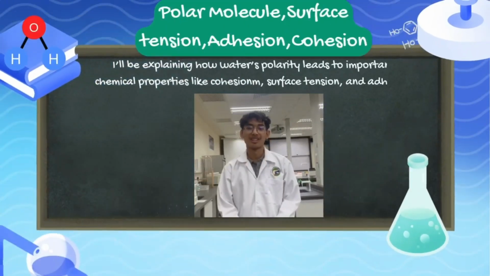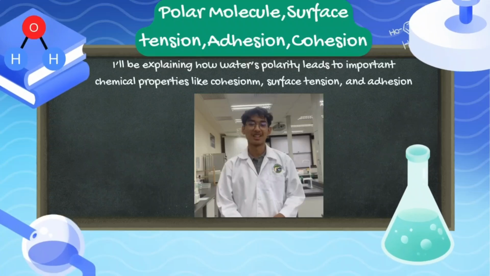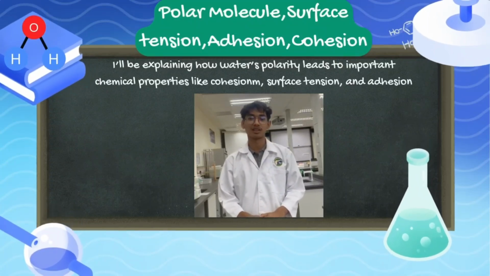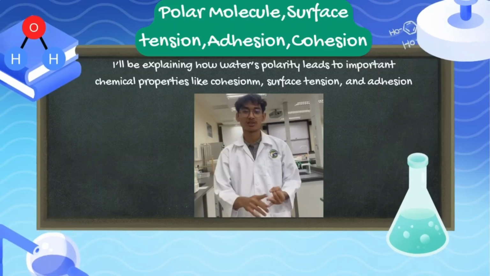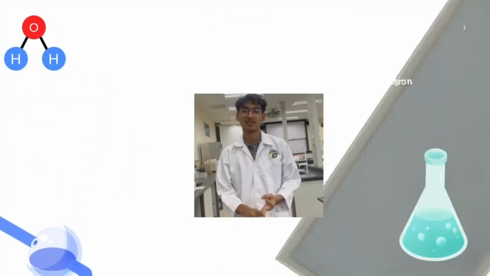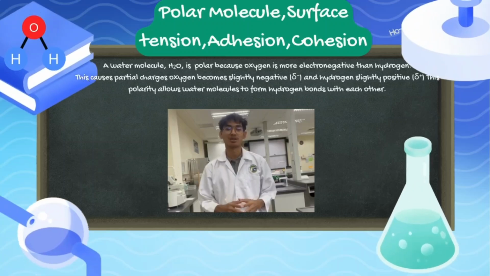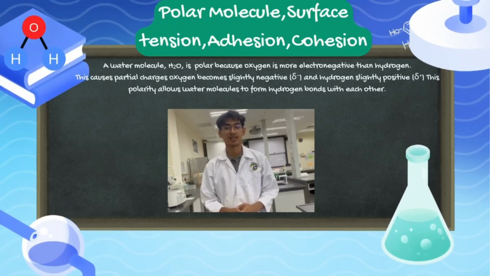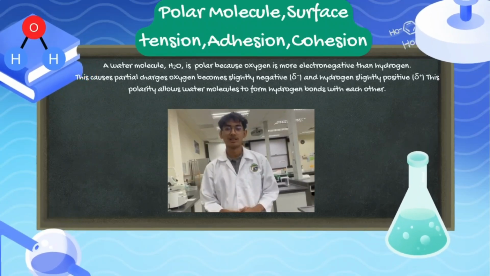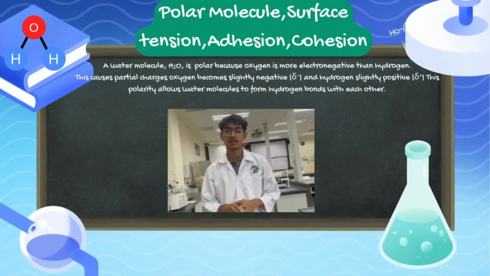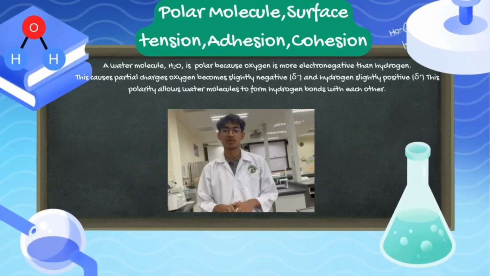Hi everyone, I will be explaining how water's polarity leads to important chemical properties like cohesion, surface tension, and adhesion. A water molecule, H2O, is polar because oxygen is more electronegative than hydrogen. This causes partially charged oxygen to become slightly negative and hydrogen slightly positive.